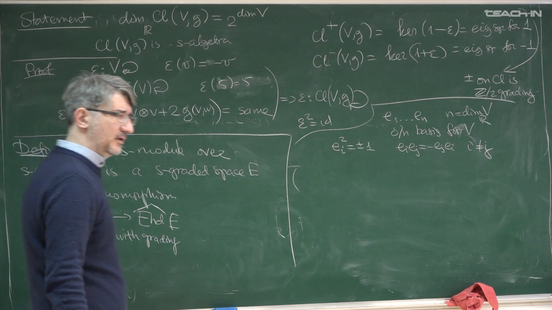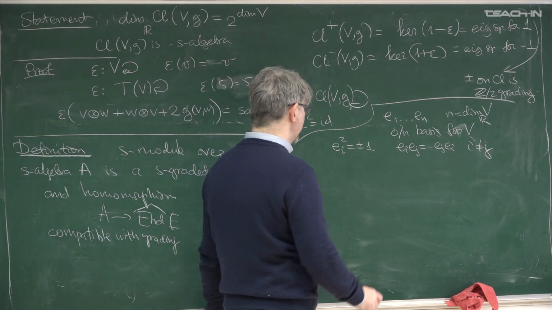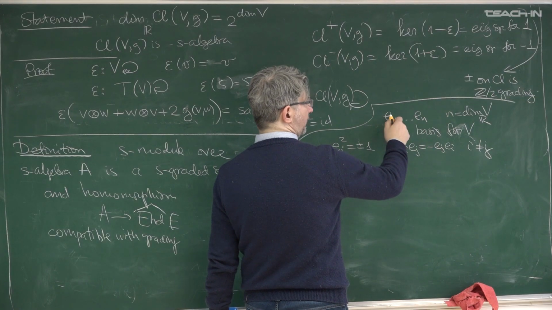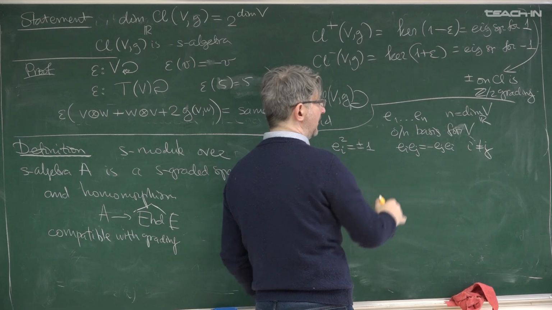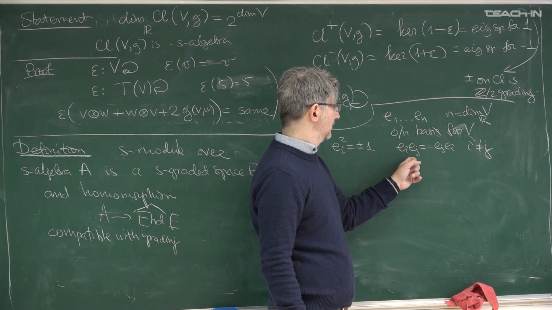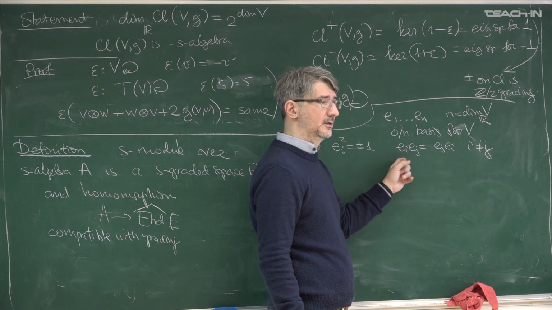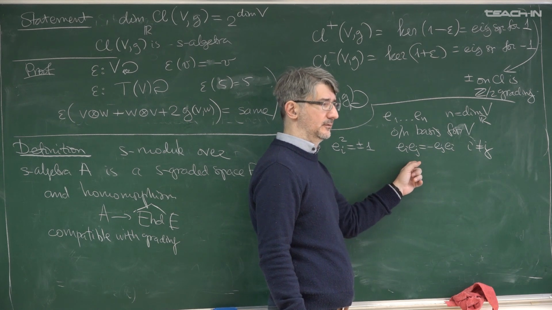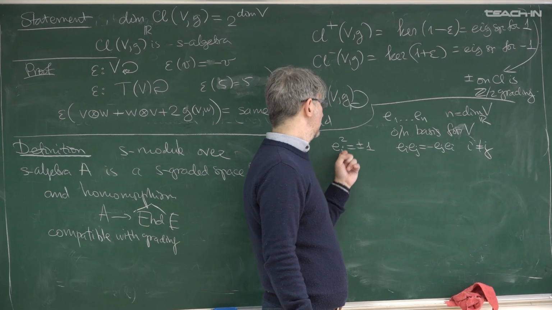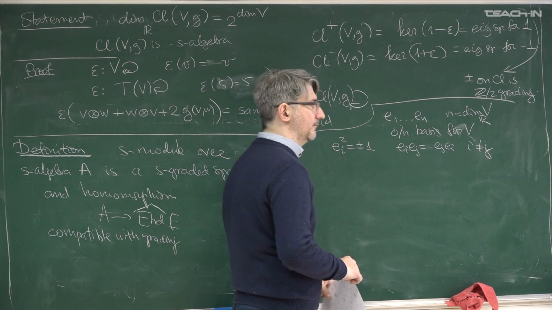This gives me the possibility to do the following. If I have a monomial, the product of an arbitrary number of these, by this relation I can put indices in increasing order. And then I see two indices which are repeating, and I can cancel them by this equality.